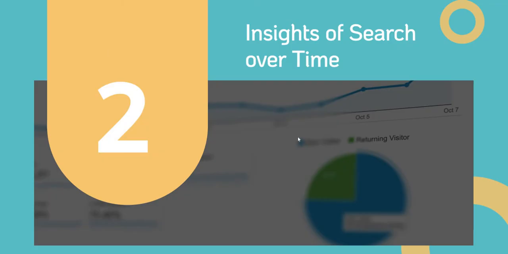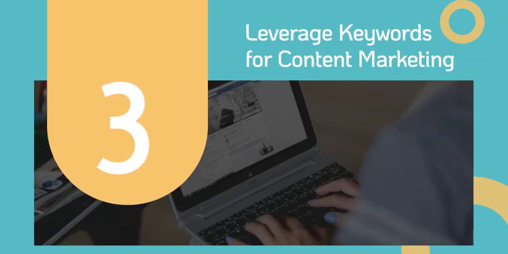Okay, so what can you do with that? The next thing is you can leverage these keywords for content marketing. Now, whoever said that content is king with respect to marketing is absolutely right. A large part of a company's organic growth success is because of content.